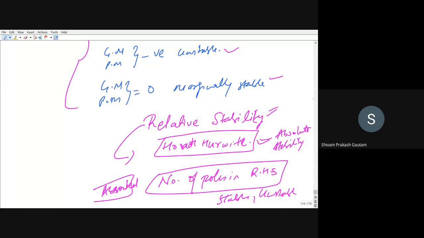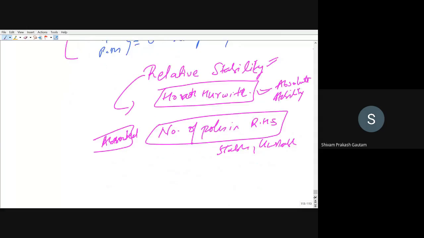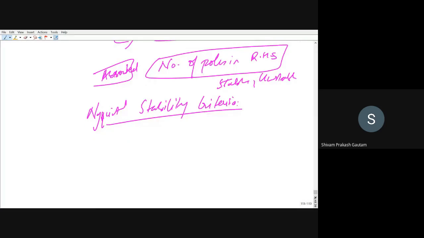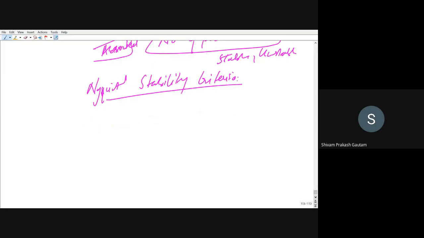That process is called the Nyquist stability criteria. We will have a look into the Nyquist stability criteria, and in coming lectures we will take a deep look into what it is, how to determine stability, and how to say whether the system is stable or unstable based on the number of poles on the right hand side.